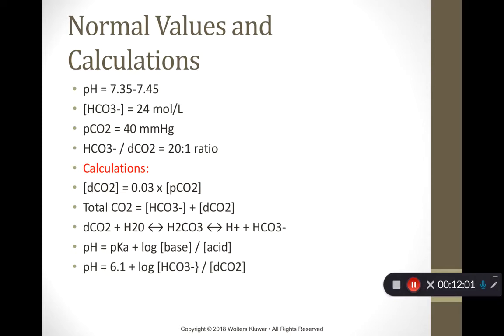And these are part of the calculations and reference ranges that you'll be working on. But this is an example. The normal pH is between 7.35 and 7.45. You have a bicarbonate level of 24 millimoles per liter and a partial CO2 of 40 millimeters of mercury, so the bicarbonate over the dissolved CO2 should give you a 20:1 ratio.